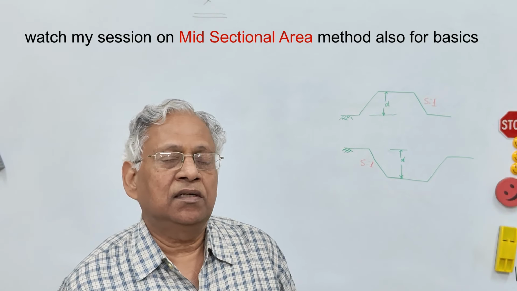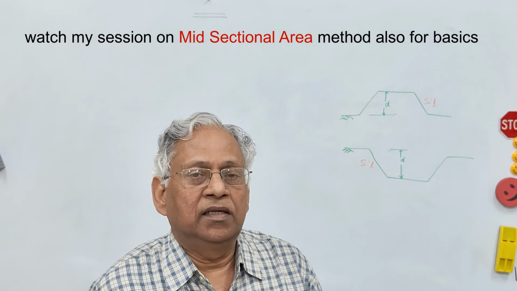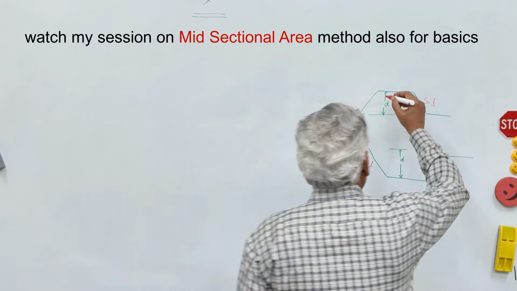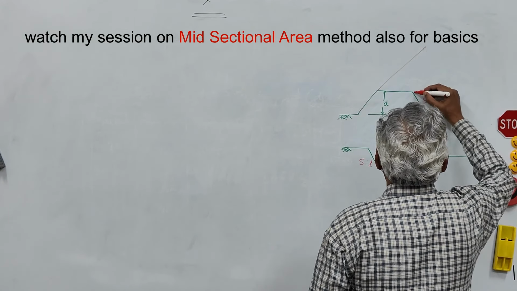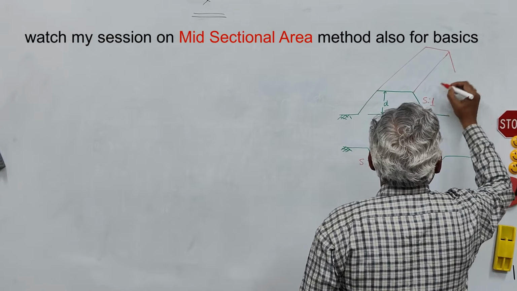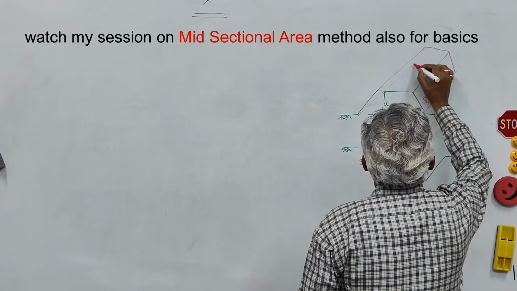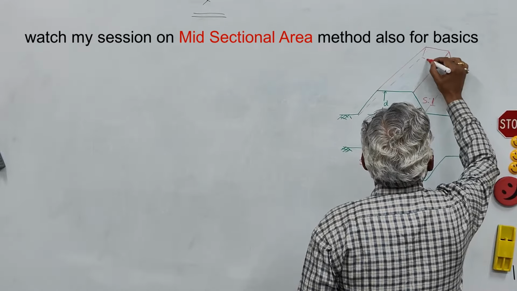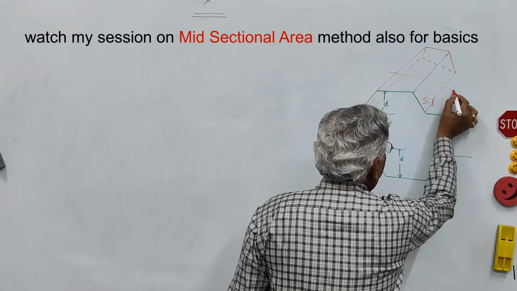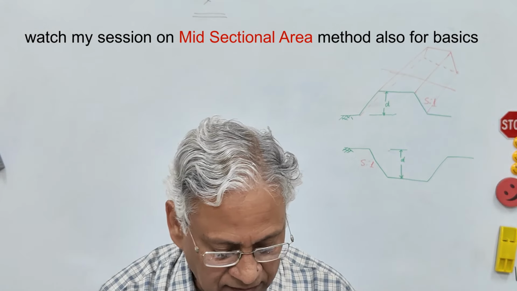In my last session, I told you one method, that is the mid-sectional area method. In that method, if you have a road of, let us say, length L, then we consider the depth at the middle of this length, and this length is generally one chain, 30 meter.